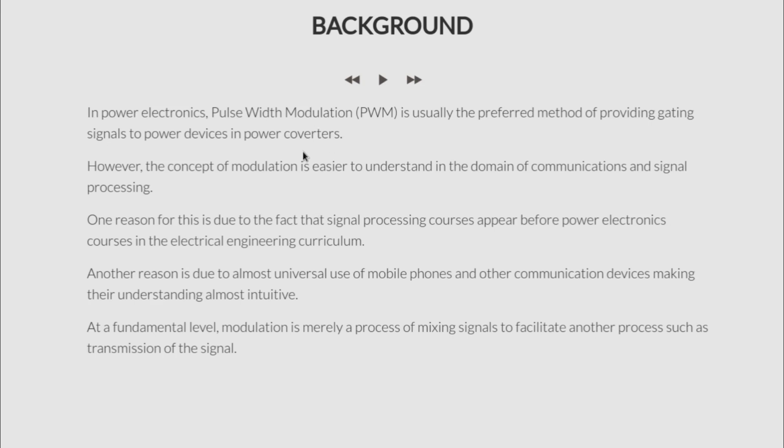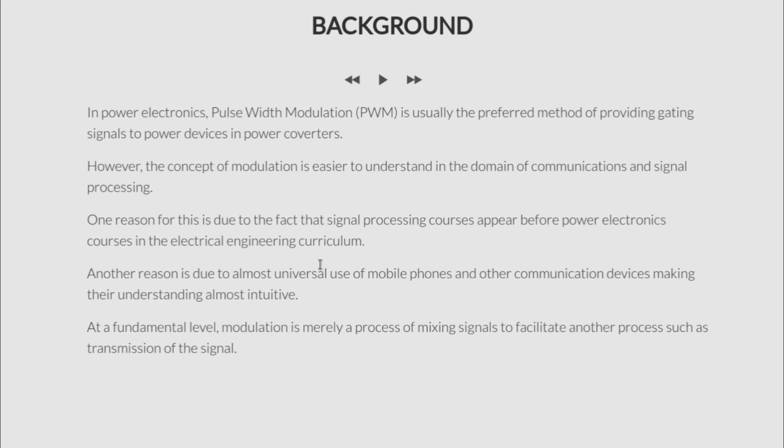Now, one reason for this is due to the fact that signal processing courses and maybe even communication courses are usually taught before power electronic courses in electrical engineering. So an electrical engineering student, or at least an undergraduate, is exposed to signal processing before power electronics. The next reason is that nowadays almost everyone has exposure to mobile devices.